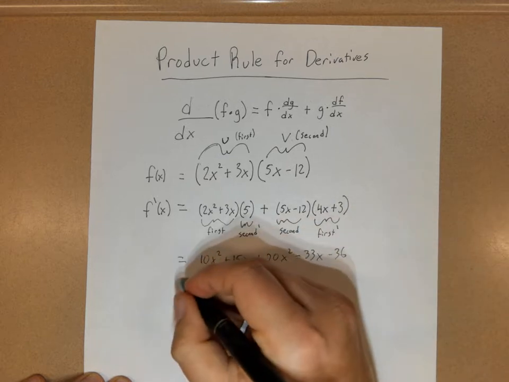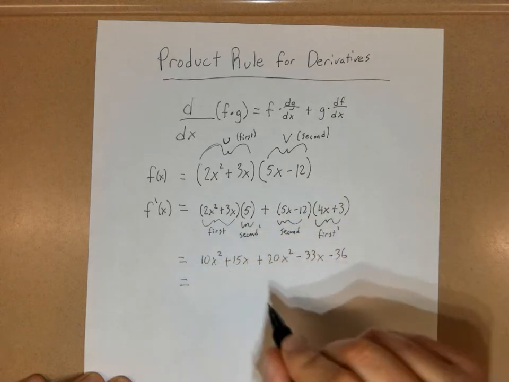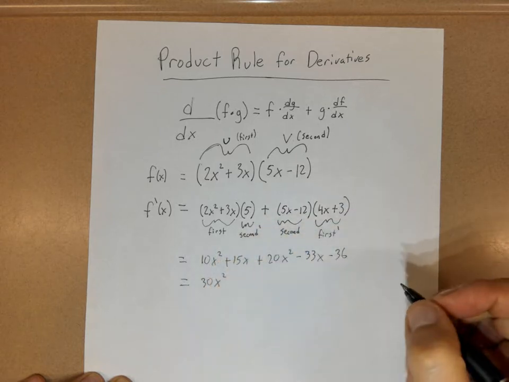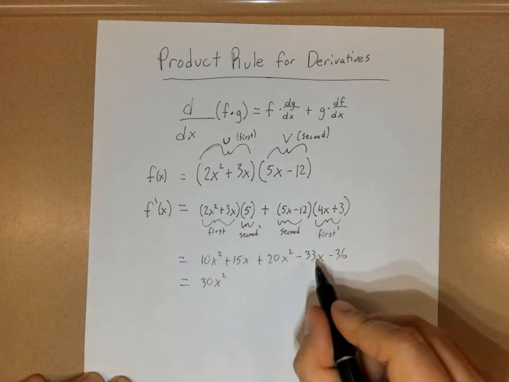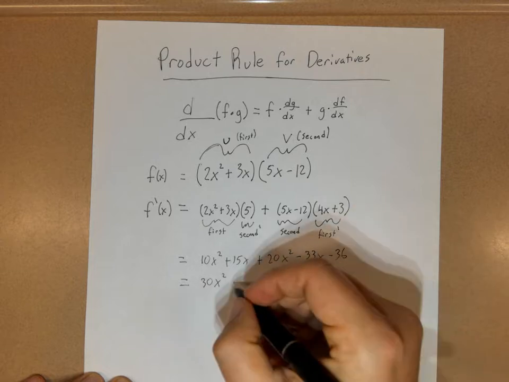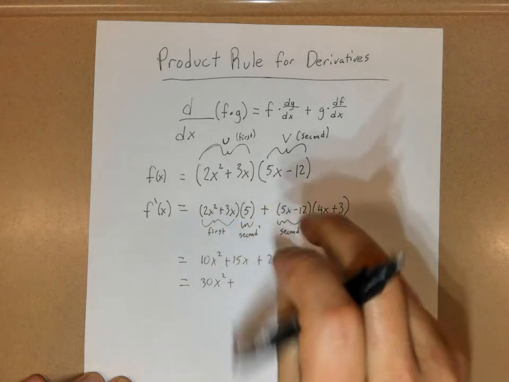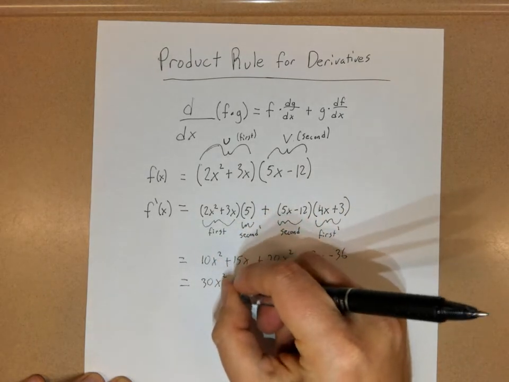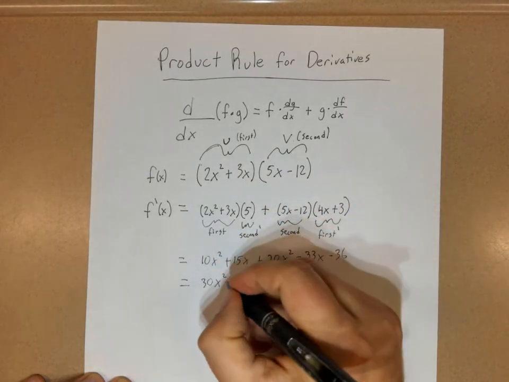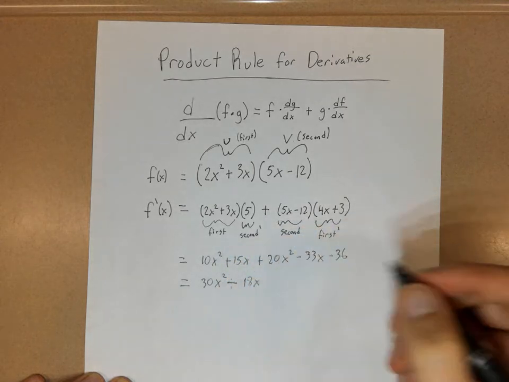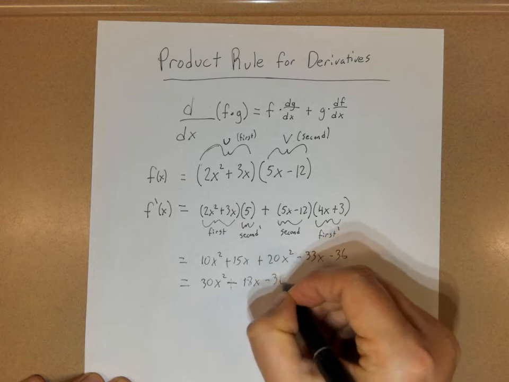So if I want to combine everything, I'm going to get 30x squared, and then if I have plus 15 minus 33, that's going to be minus 18x, and then minus 36.